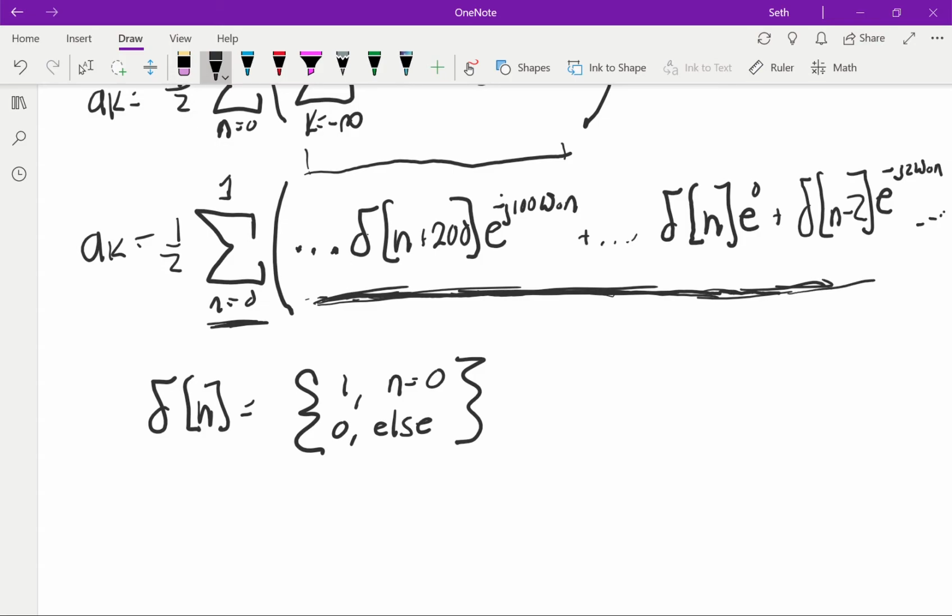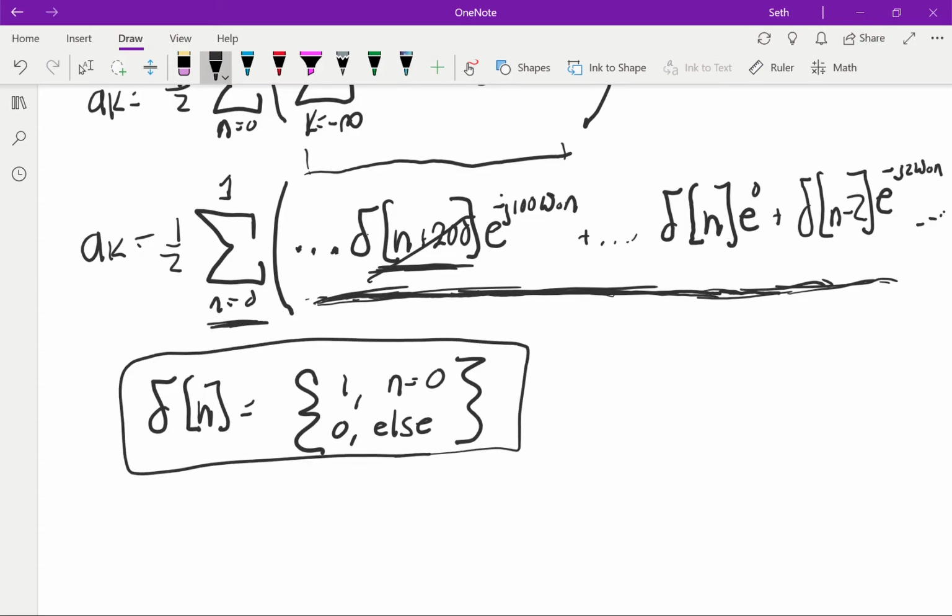So the way we need to solve this is by realizing that, say, n equals 0, we put it here, we get delta 200. Well, that's 0, because delta 200 is, from the definition right here, just 0. The only time delta is 1 is at n equals 0. So we come here and this term is equal to e to the 0, and e to the 0 is equal to 1. That's a non-zero term.